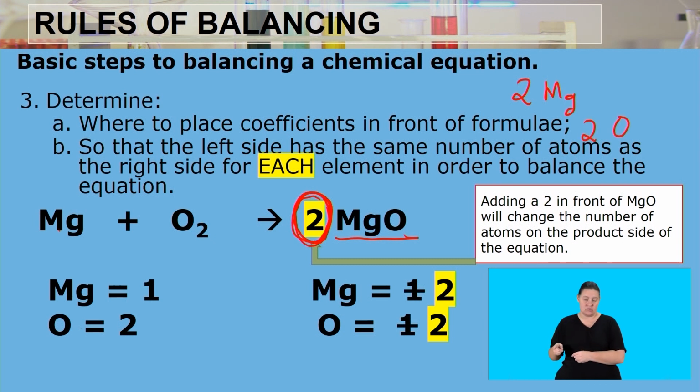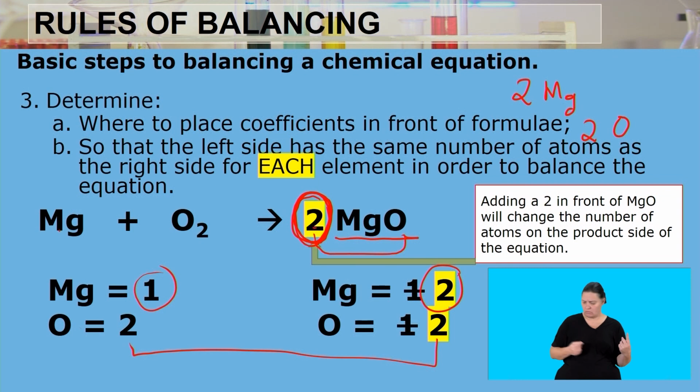Now you're noticing that we are creating another problem. By putting in the 2 there, we are solving the problem of oxygen, but we're creating a problem in magnesium, because now the oxygens are going to be balanced, but the magnesiums are going to be imbalanced, because on the right-hand side we will now have 2, but on the left-hand side we will have 1.